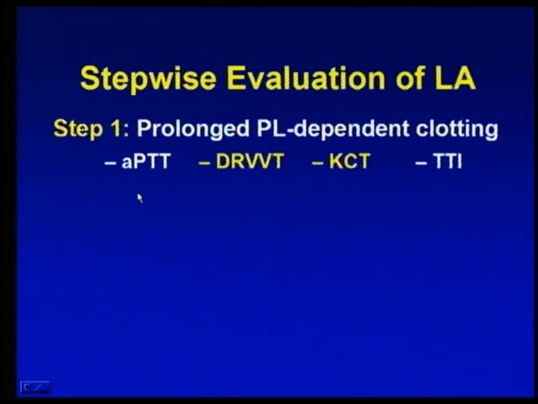It may be seen in the good old activated partial thromboplastin time, but more typically has been evaluated using a snake venom, a dilute Russell viper venom test, or the kaolin clotting time, or a dilutional variation of the ProTime called the tissue thromboplastin inhibitor assay. What's used commonly here in our community is a variation of the PTT, the so-called StaClot LA assay, which uses a silica-based initiator of clotting, and then uses a phospholipid to prove that it's phospholipid dependent.